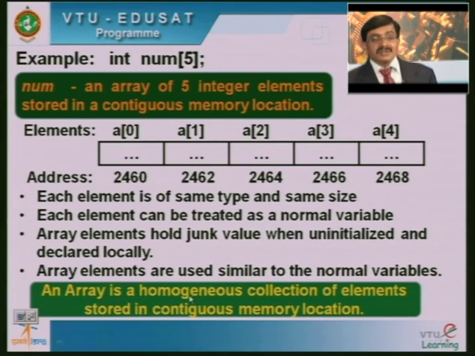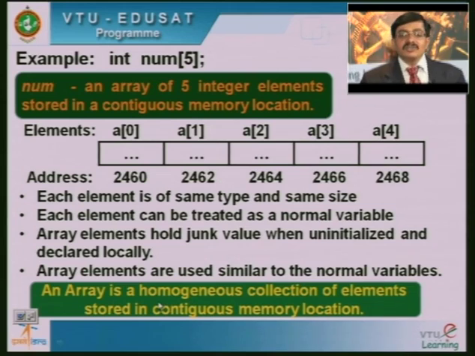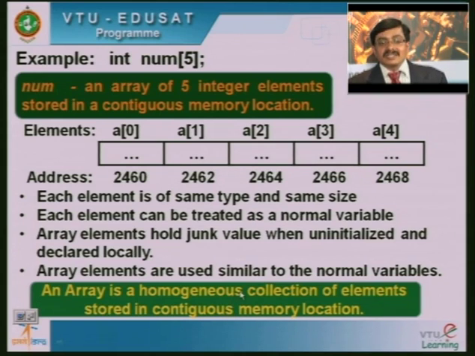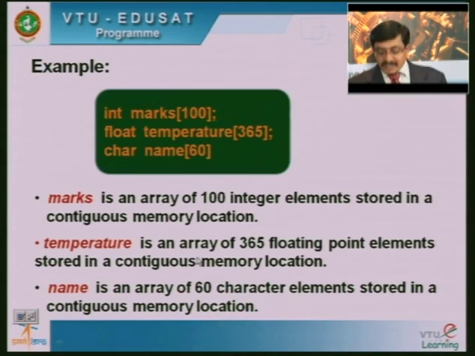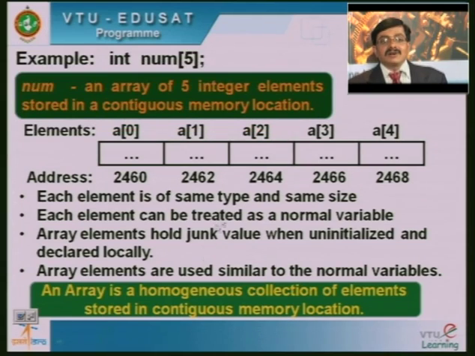So what we can conclude here is that an array is a homogeneous collection of elements stored in a continuous memory location. When I use the term homogeneous, the meaning is that we are storing similar data elements, all of type integer. In future you will also study collections of heterogeneous data, which are possible in programming and which we call structures.